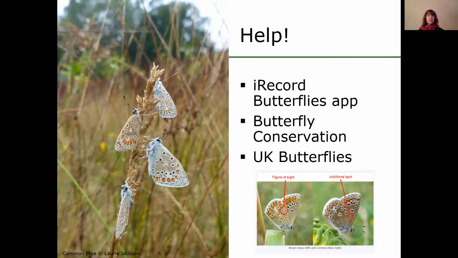Butterfly Conservation has got lots of useful information about species, their life cycles, and lots of photos you can compare your own photos to. They also have something called first sightings, which is really useful. So if you see a butterfly in March and you think, oh, would that be a brown hairstreak? And you're not sure, you can go on to Butterfly Conservation's website and see that, oh no, actually, brown hairstreaks are Britain's laziest butterfly and they don't emerge till July.